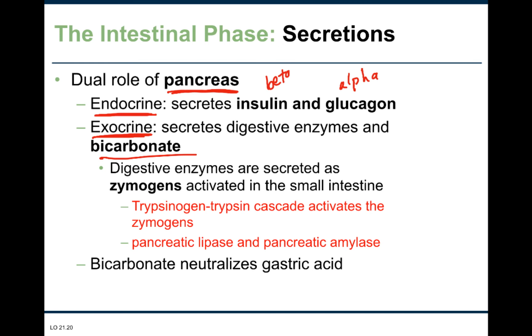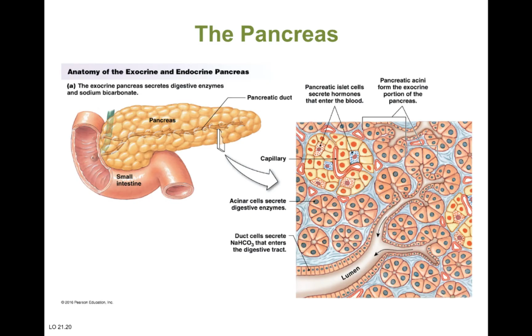So in addition to bicarbonate, there are digestive enzymes. They're collectively called zymogens. It just means an inactive form of an enzyme, and we'll go over that a little bit when we talk about the digestion of proteins. Okay, so here is a view of the pancreas.